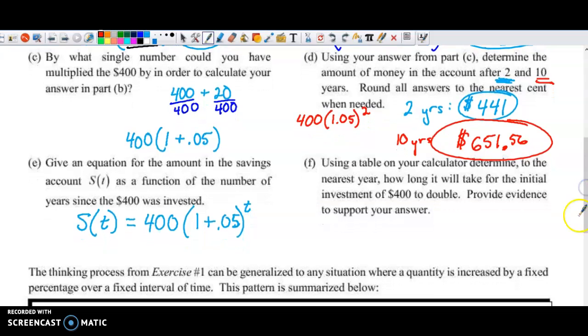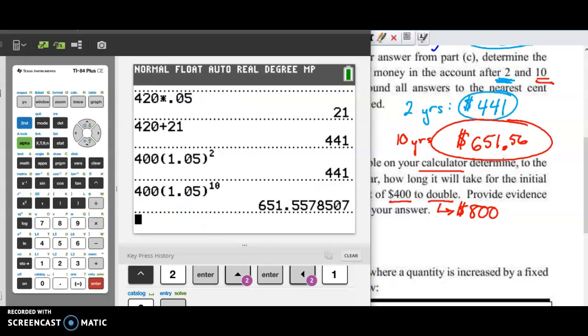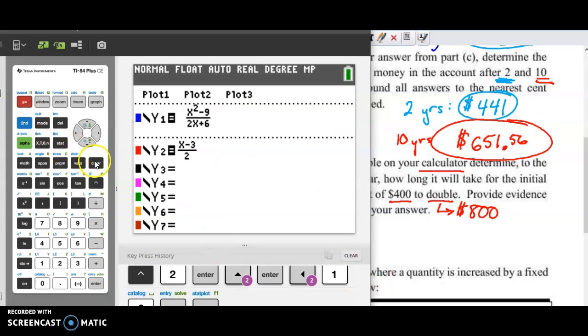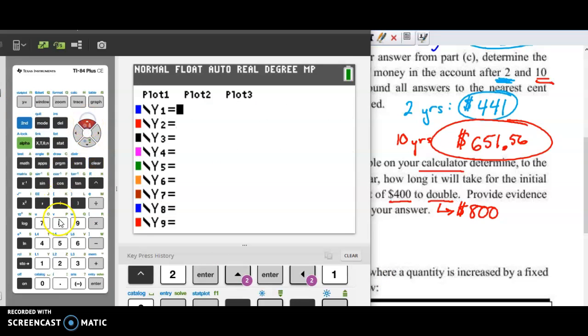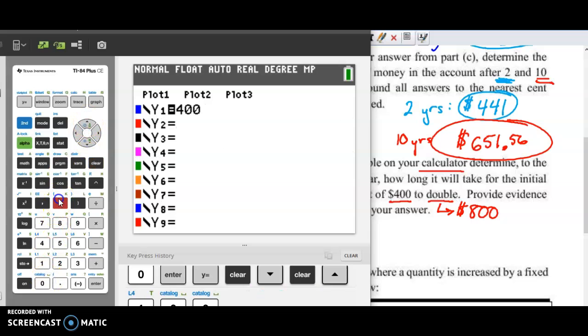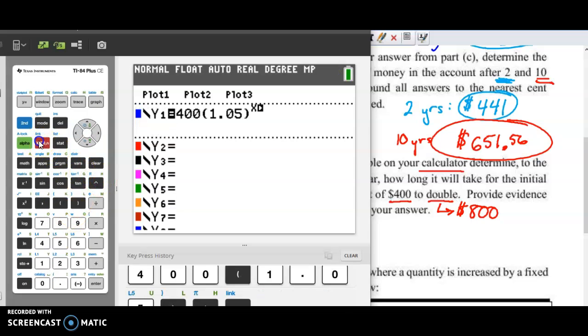And what you can do is use a calculator now and think about how long it would take for $400 to double. In other words, we're trying to get up to $800, which at least it took us 10 years to get to $650. So I think you should guess a number bigger than 10. You can use your calculator and the table command.